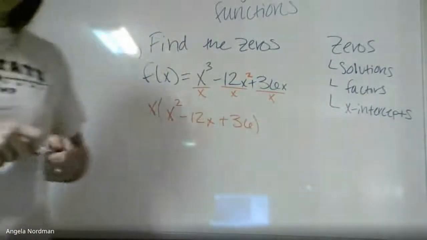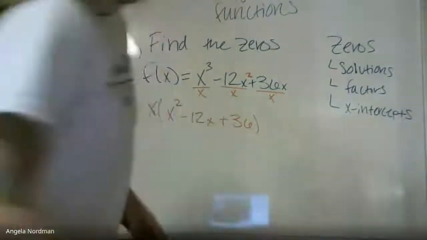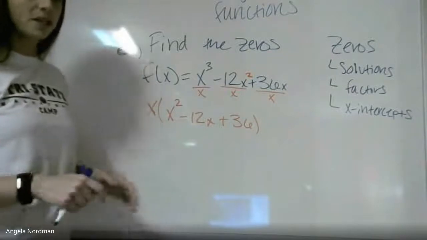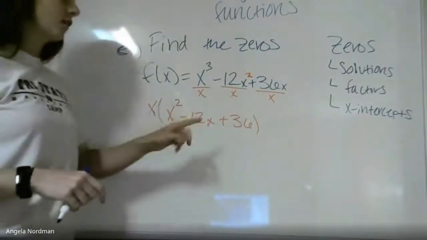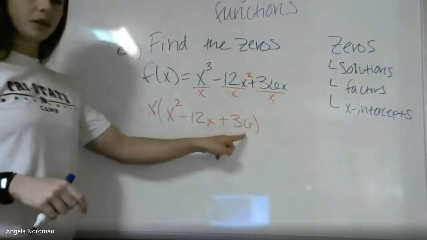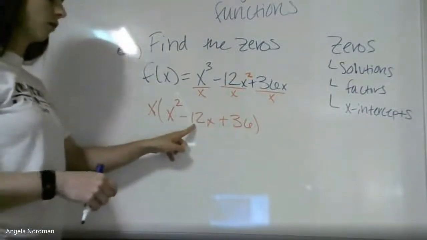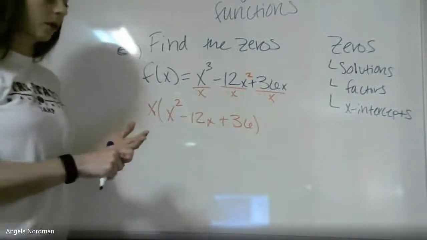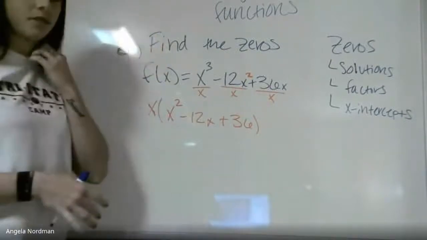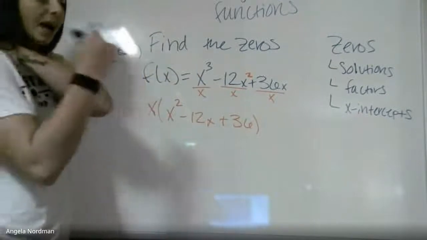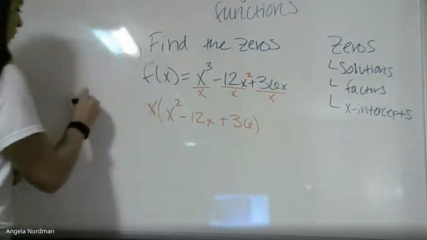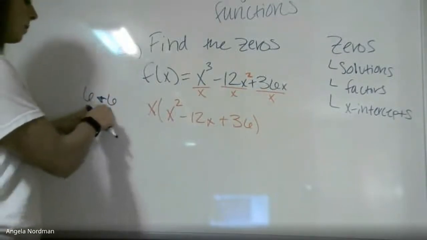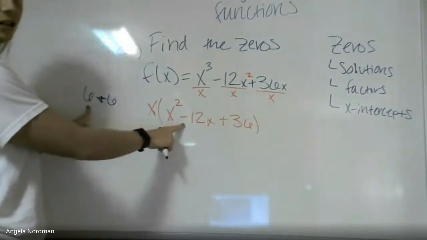So now I do have a quadratic, right? I have an x squared. So what I can do is find two factors. The factors have to be something that multiply to 36 and add to negative 12. My first instinct is 6 times 6, okay? And you could make up a whole list of factors of 36. But I'm seeing right away, if I use the two factors 6 and 6, those two multiply to 36, but they add to positive 12.